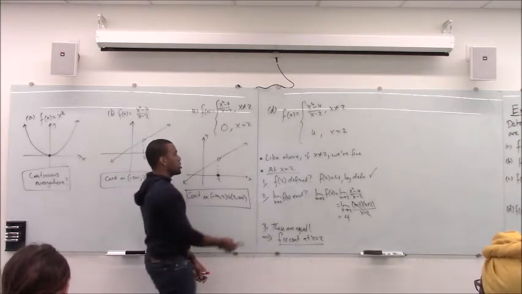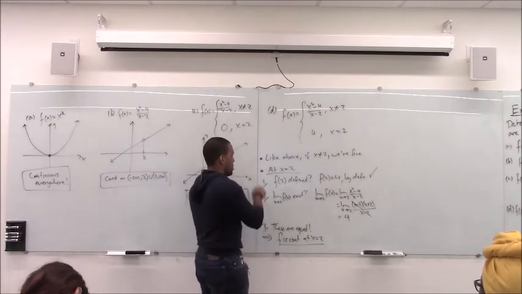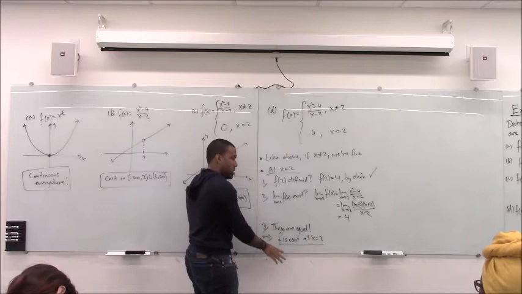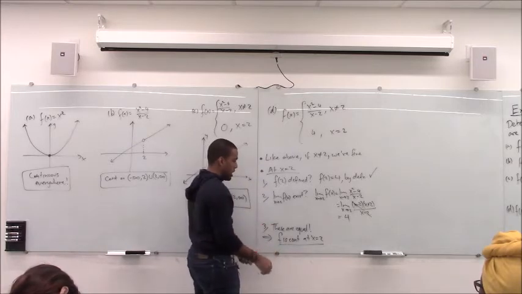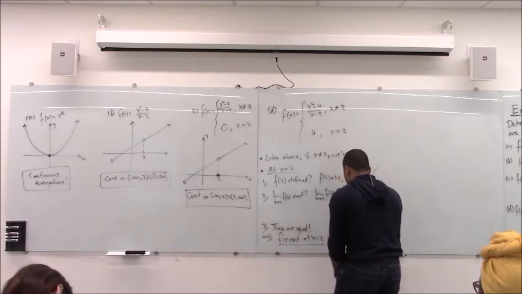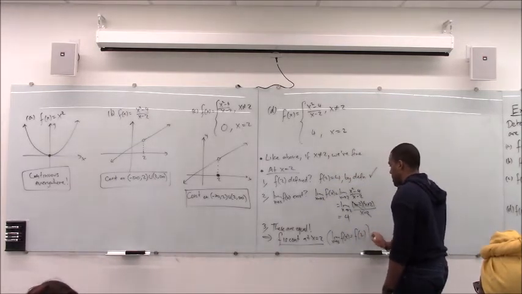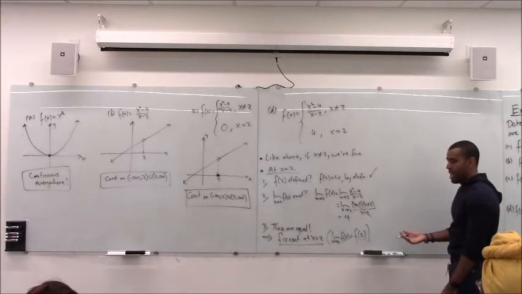Well, by also considering this bullet point. Now, at 2, everything works out. We're continuous. It is actually true that the limit as x approaches 2 of f of x gives me the same value as f of 2. That's the definition of continuity at x equals 2.